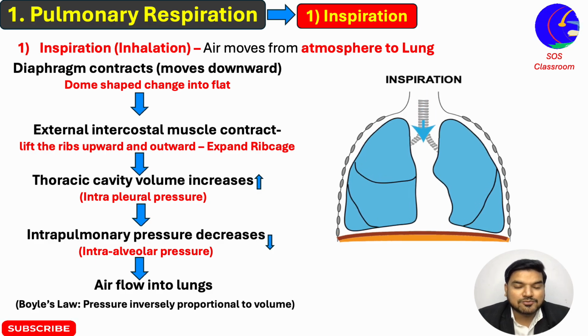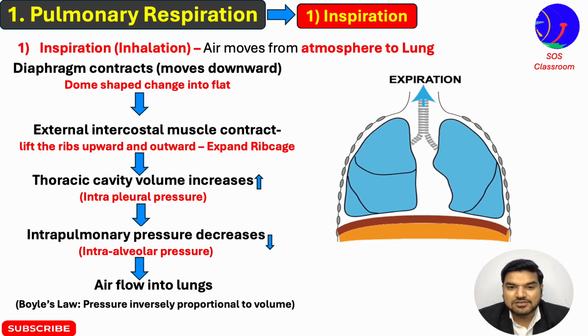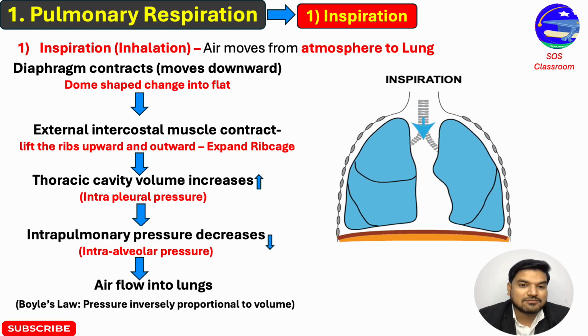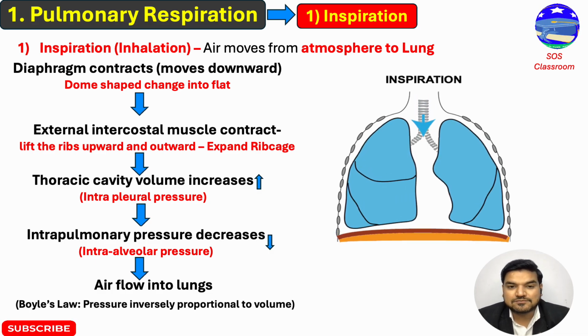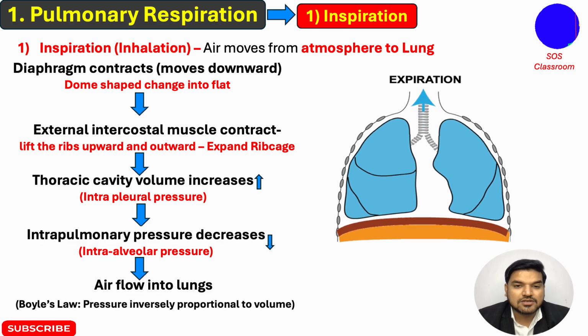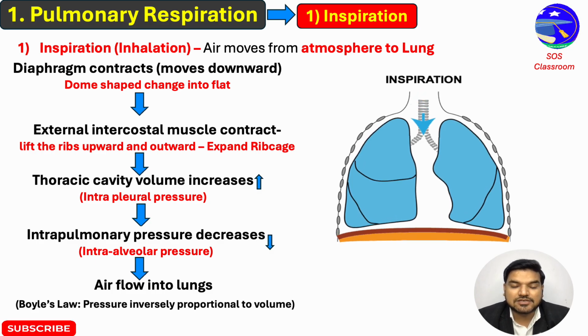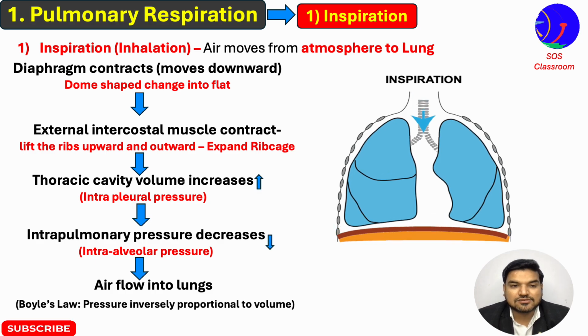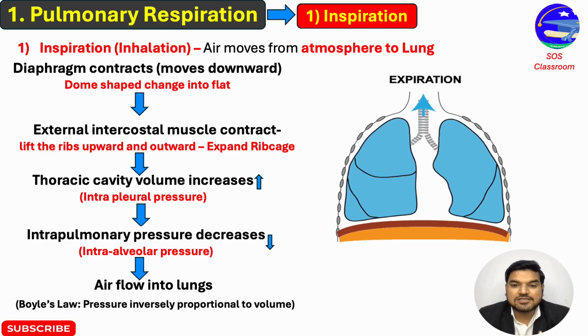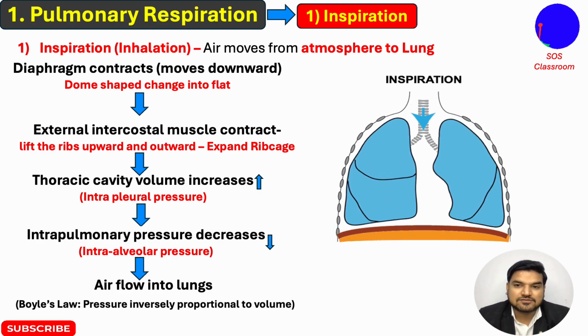The external environment or atmosphere has high pressure, and inside the lungs has low pressure. Then by diffusion, air or oxygen moves from the external environment to inside the lungs. This process is called inspiration or inhalation.